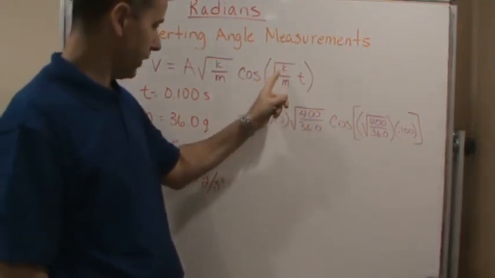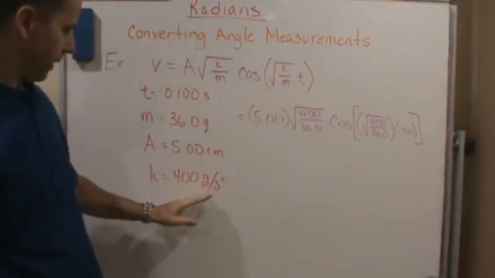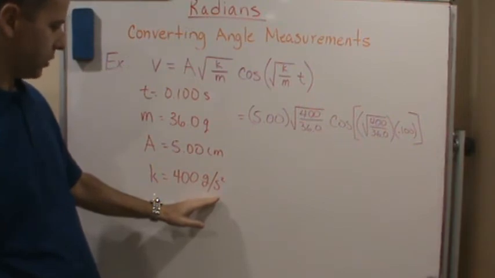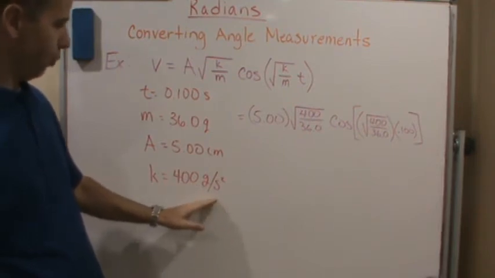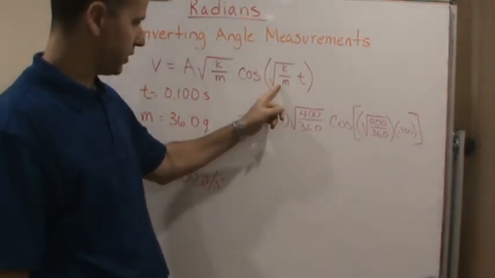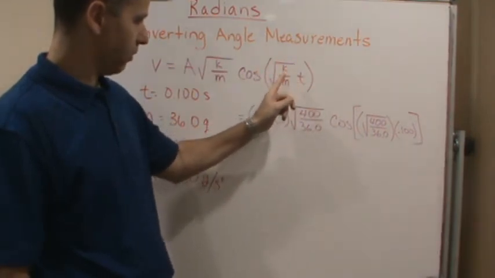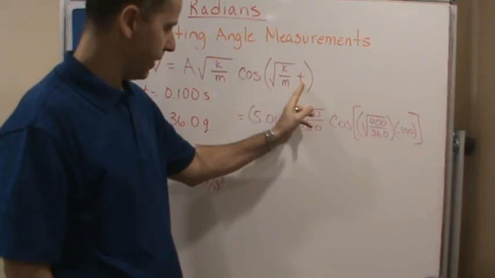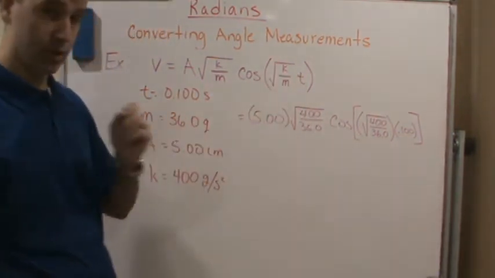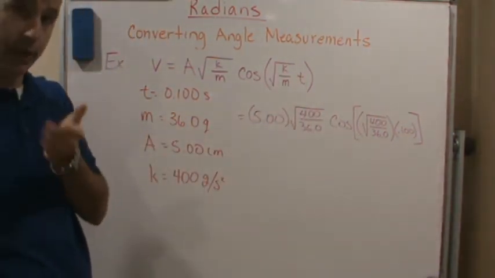If we look at the ratio, we've got grams divided by seconds squared divided by grams. The grams cancel out and we get 1 over seconds squared. If we take the square root of that, we get 1 over seconds. Then 1 over seconds times seconds cancels out, so we end up with a unitless measurement.